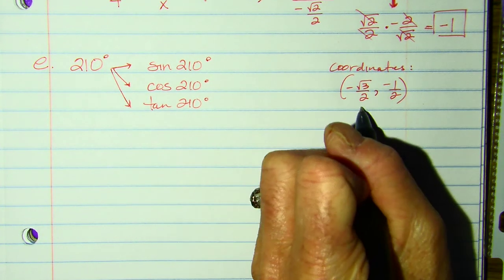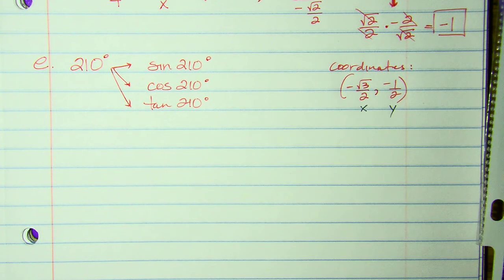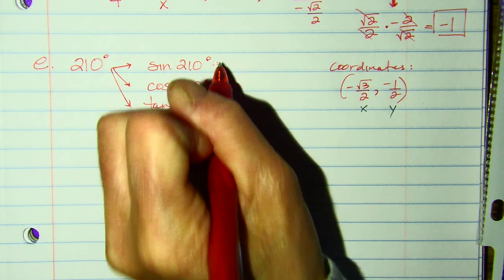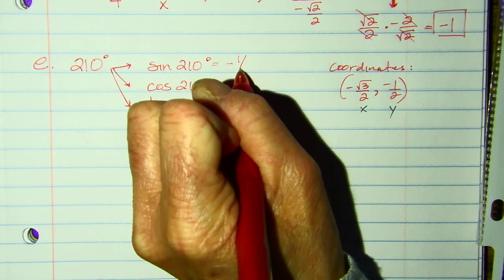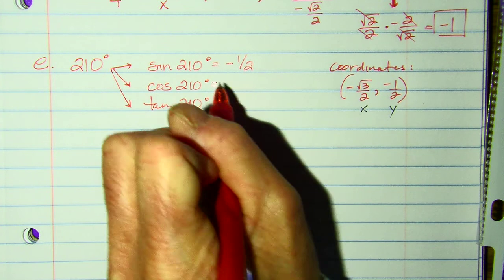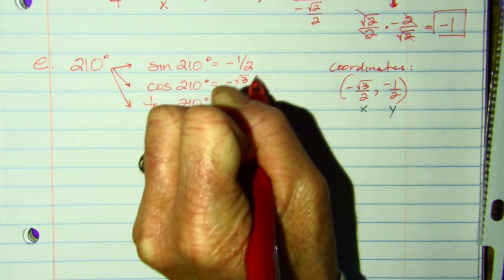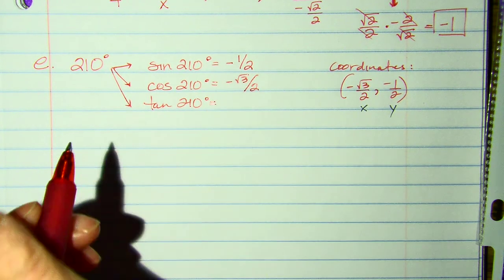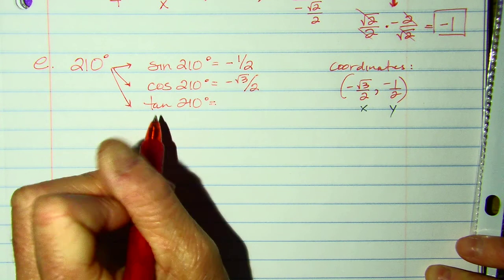So here's x, right? Here's y. So the sine of 210 is simply my y value. Cosine is just my x value. But tangent's going to take some time.